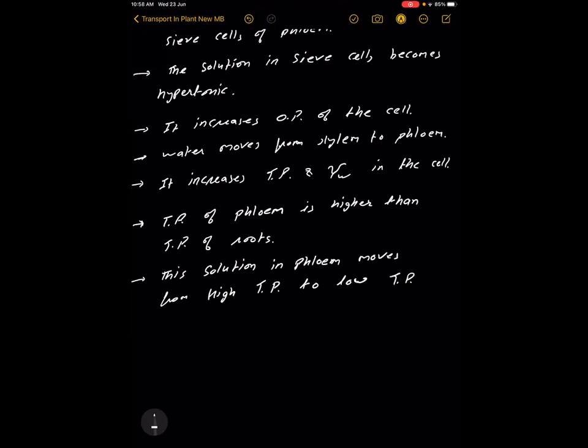Turgor pressure is higher, it means it has more water, so its DPD is low. So it moves from low DPD to high DPD. This solution moves from high turgor pressure to low turgor pressure, means from the source point to the sink point.